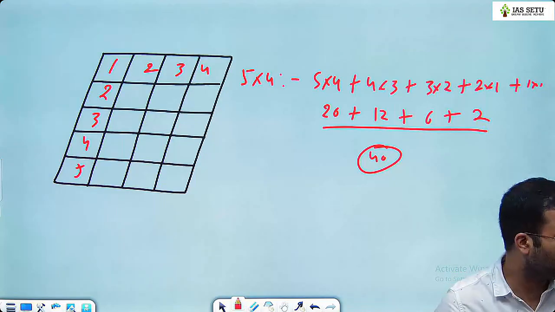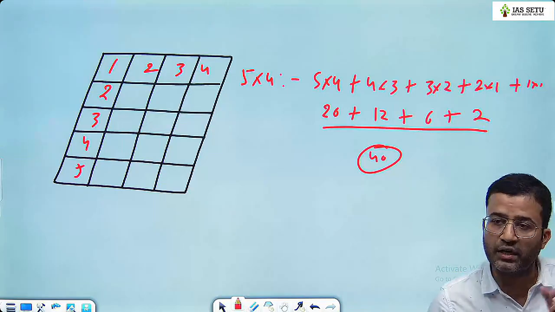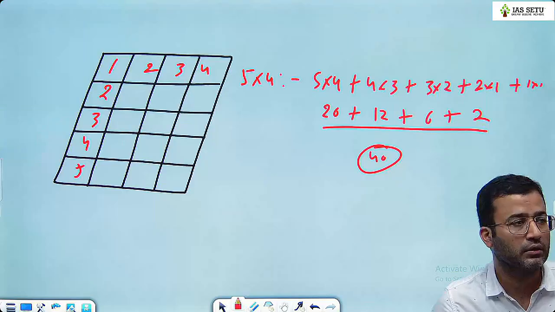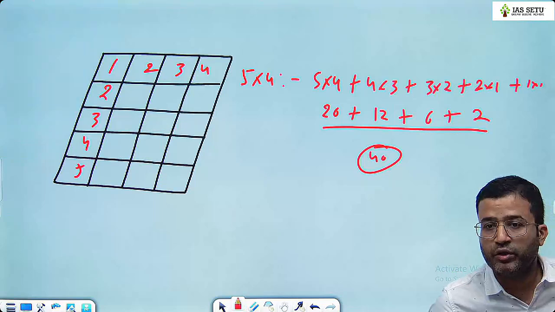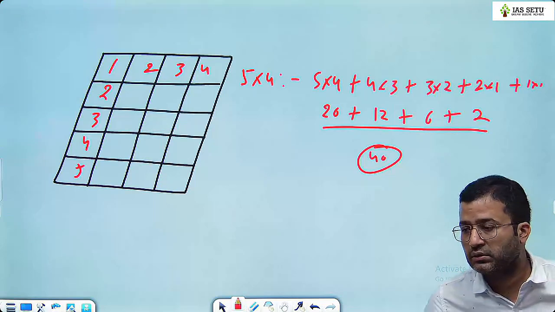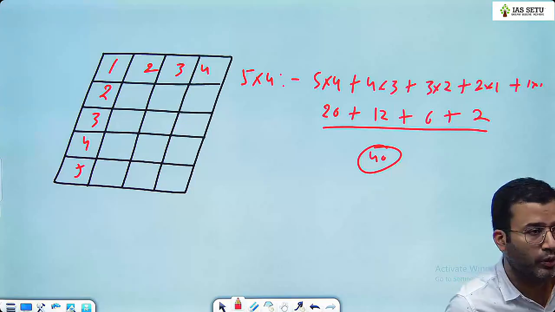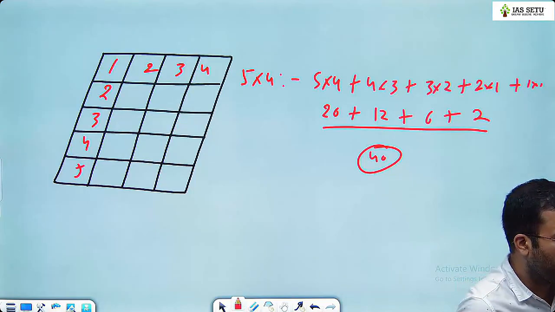What is the maximum number of rhombus possible with these two sets of parallel lines?